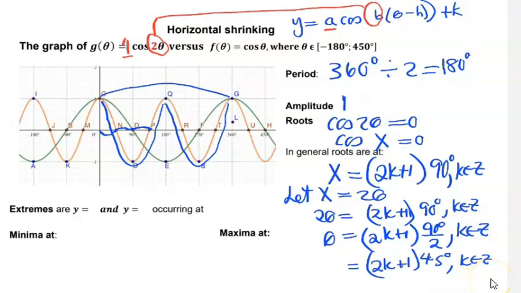Okay. We look at the minima and maxima, the extremes. They are exactly the same as before. We still have a minus 1 and a plus 1, but they just occur more frequently.